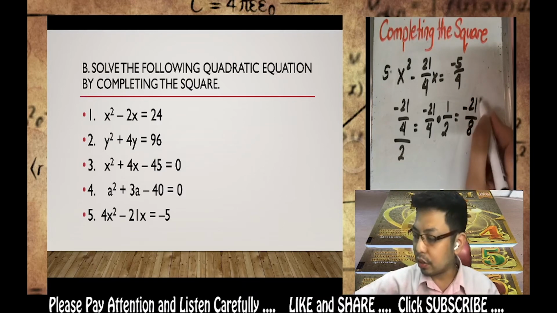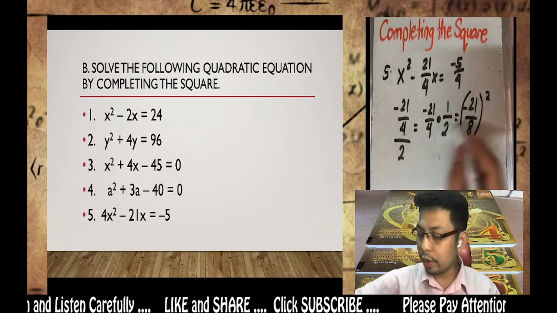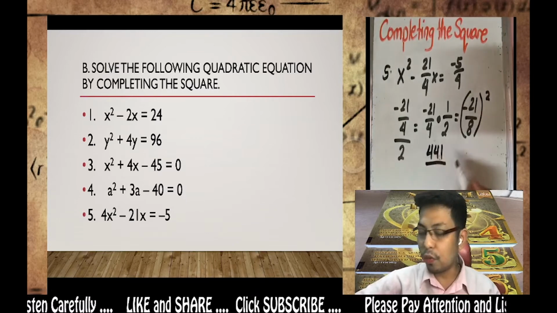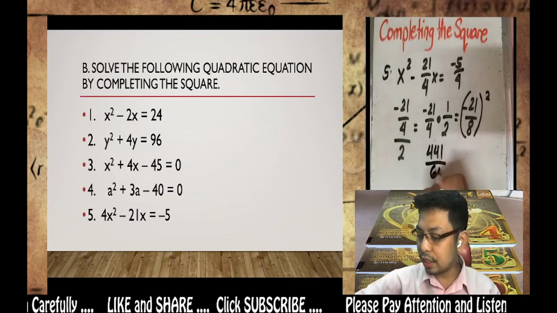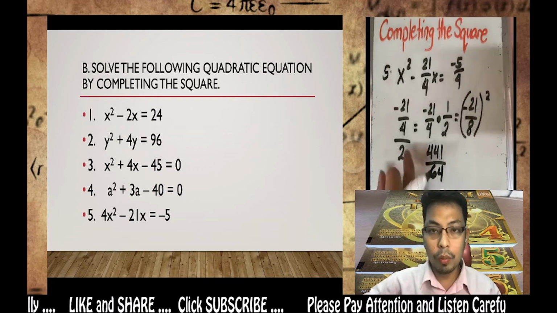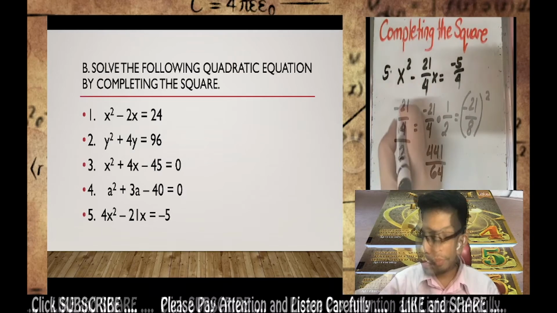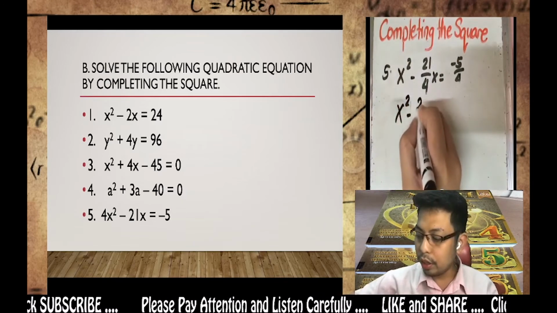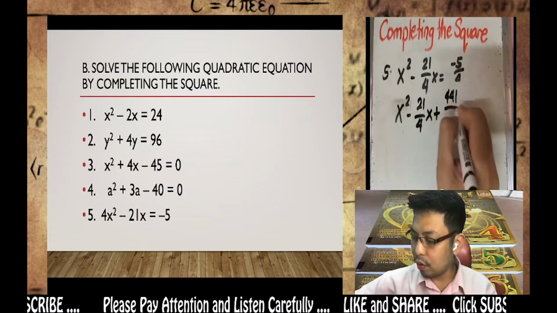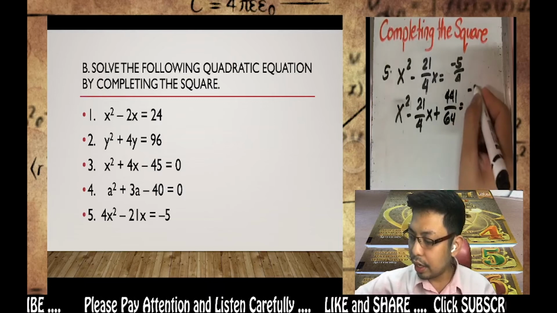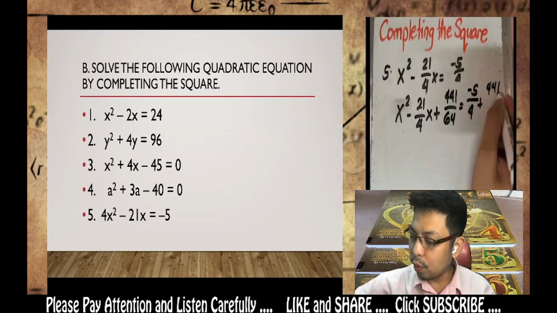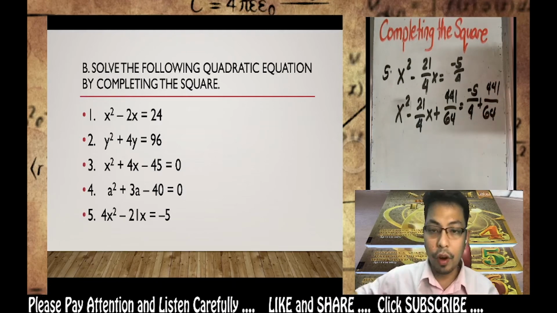Then we square the answer. Negative 21 squared is 441. 8 squared is 64. So 441 over 64. We add 441 over 64 on both sides of the equation. x squared minus 21 over 4x plus 441 over 64 is equal to negative 5 over 4 plus 441 over 64.